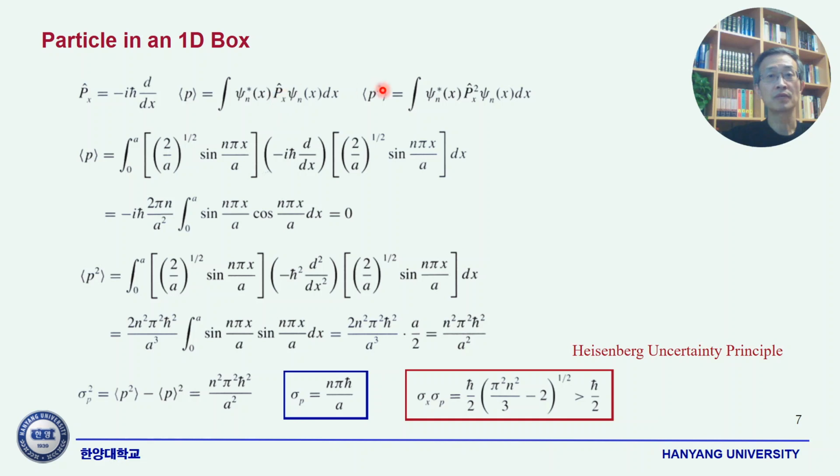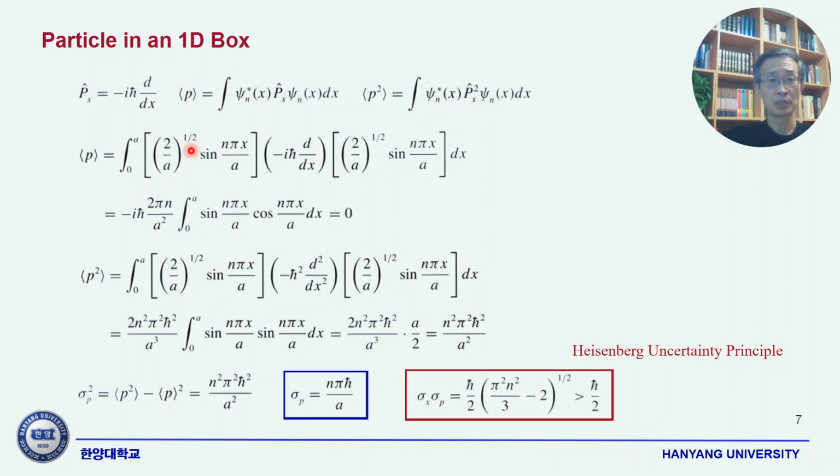You would do the same thing for the p squared operator, which gives the p squared average, or expectation value. So you obtain p and p squared in such a way that you have your operator and your wave functions, and then do this integration.